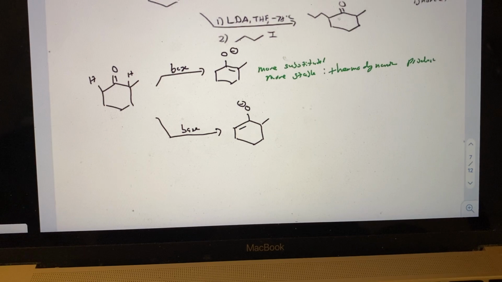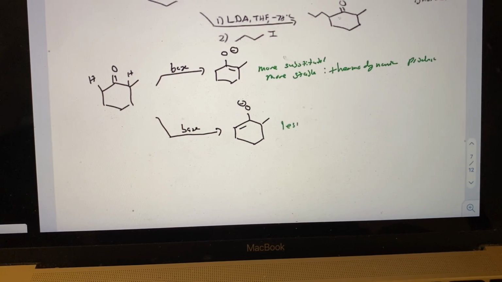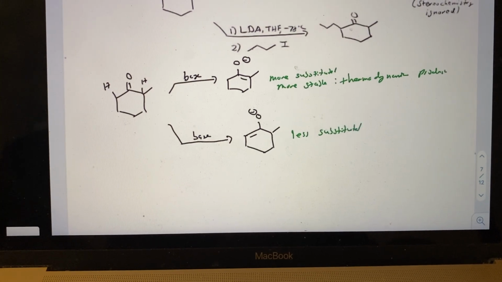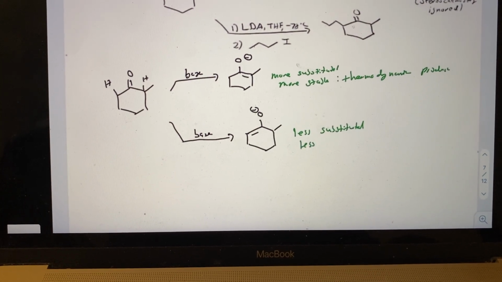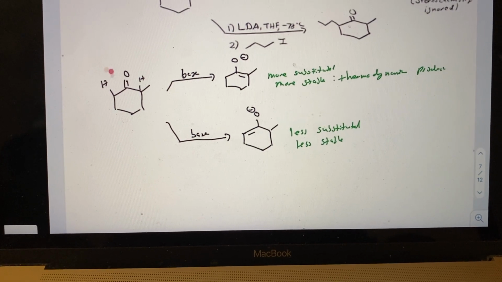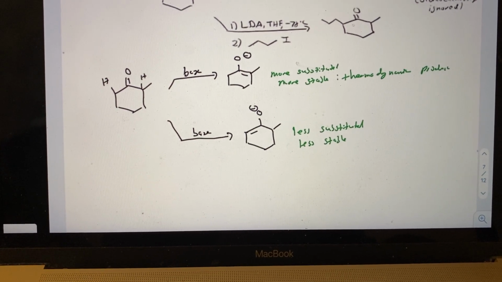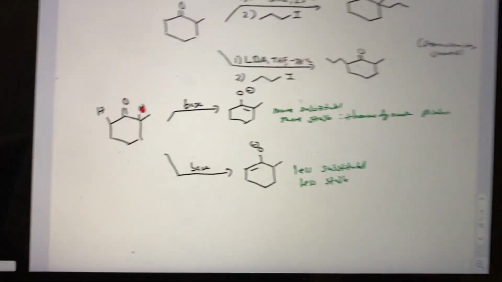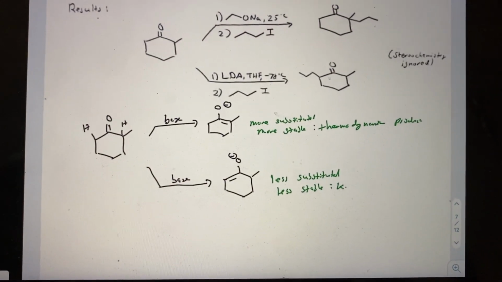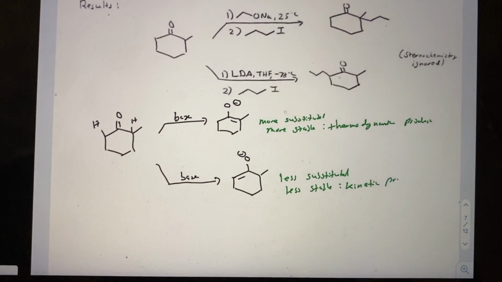Whereas this bottom enolate is the less substituted, less stable. But the key thing is that this proton over here that's just dangling out on the left side is not hindered like this proton that's next to this methyl group. So it's going to actually be easier to remove that. So this will end up being the kinetic product.